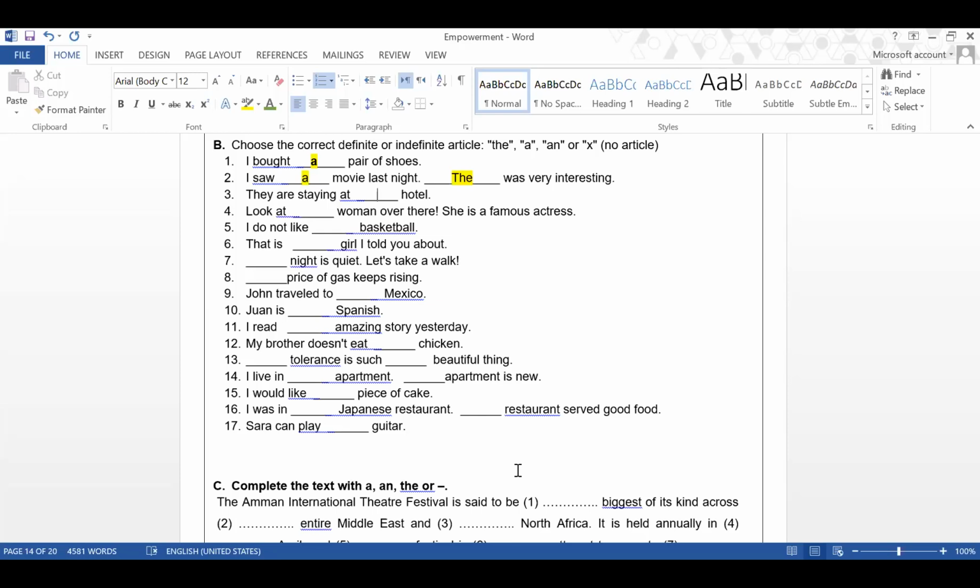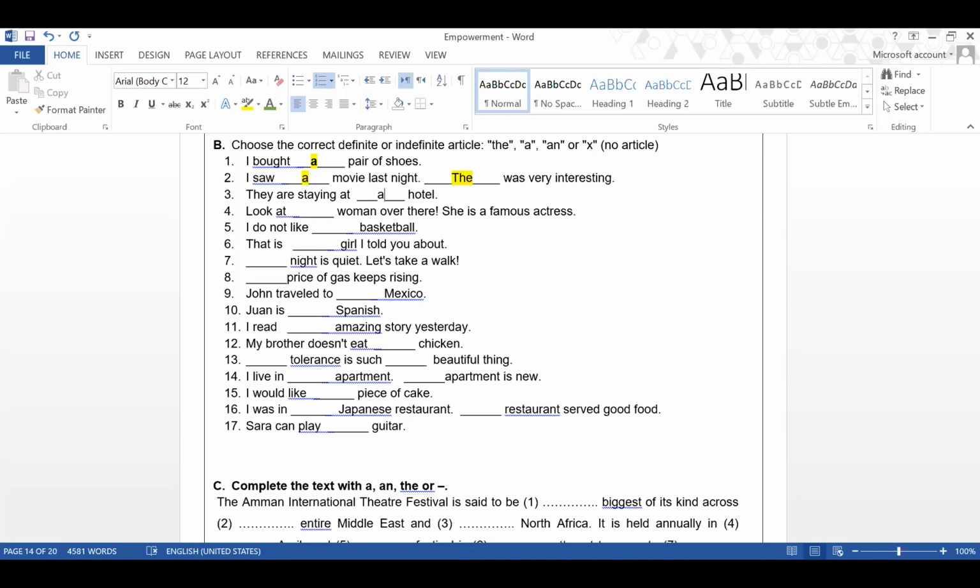You don't know, and we didn't talk about the hotel before. So this is the first time I am talking about the hotel. I don't know if you know which hotel I'm talking about. So I use a. They are staying at a hotel.